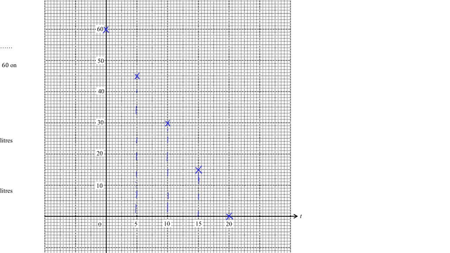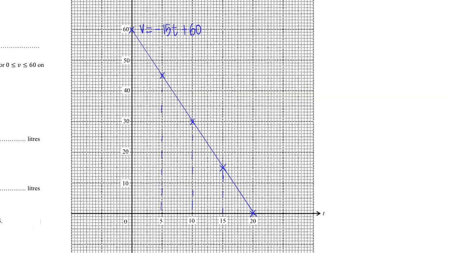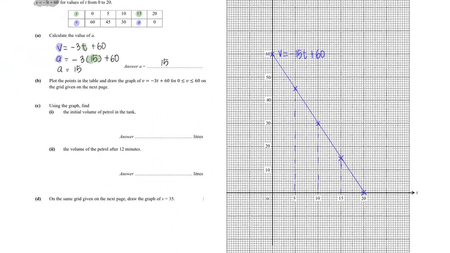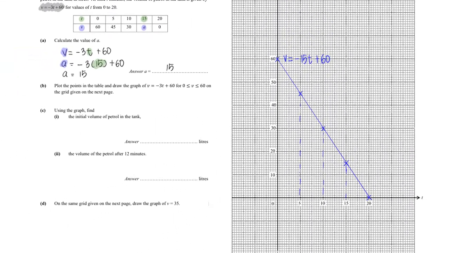Okay. Write down the equation of the line. V equals negative 3t plus 60. And with that, I've completed part B. Use the graph to find the initial volume of the petrol.